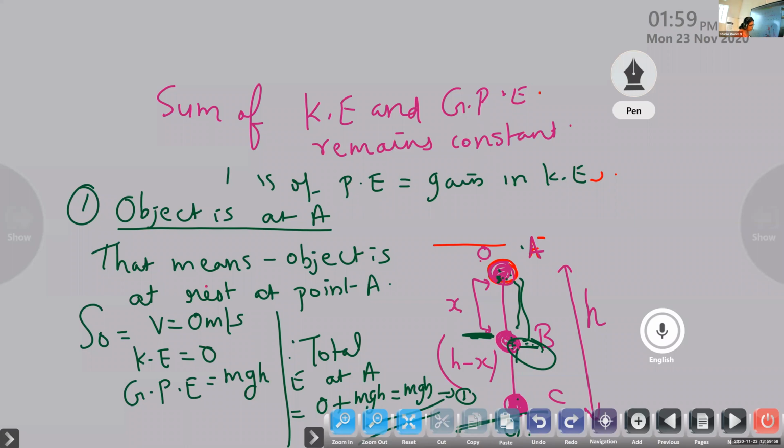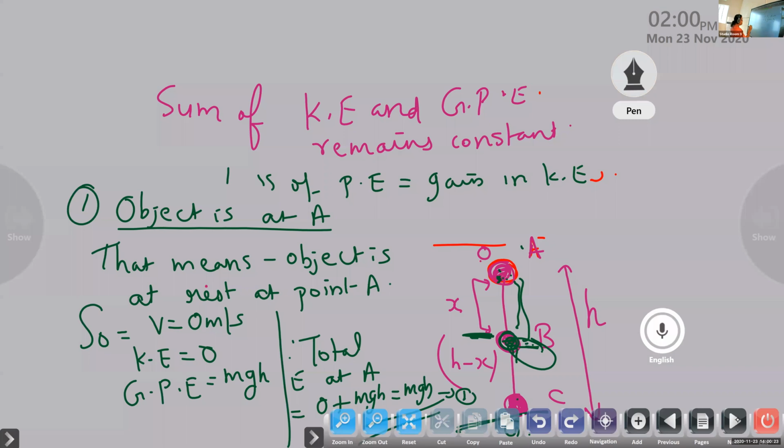So what remains at this position is the energy needed for the object to reach here. Just imagine the object stands here for a fraction of a second, then naturally this is the potential energy. With that idea, we have to find the kinetic energy at B.